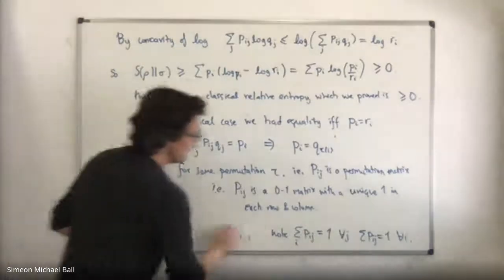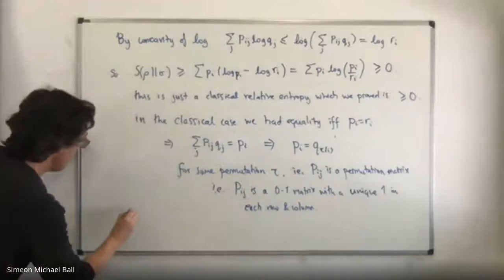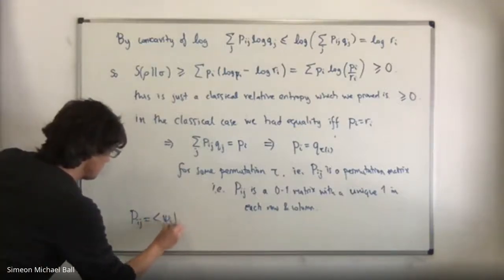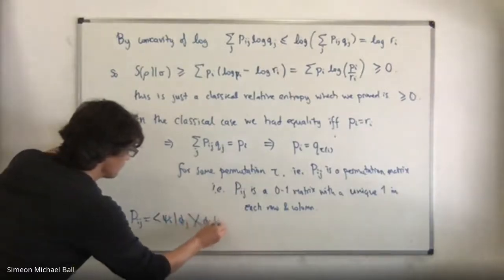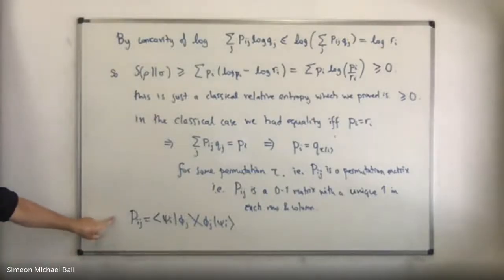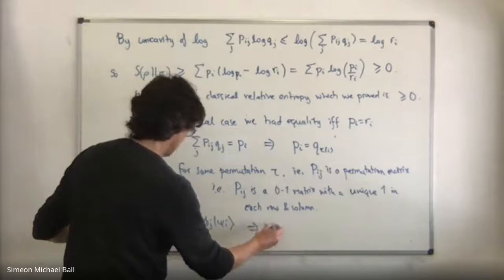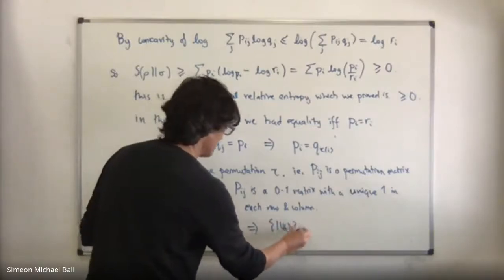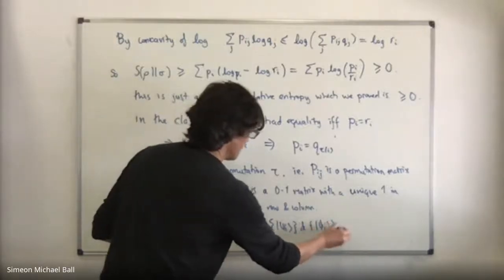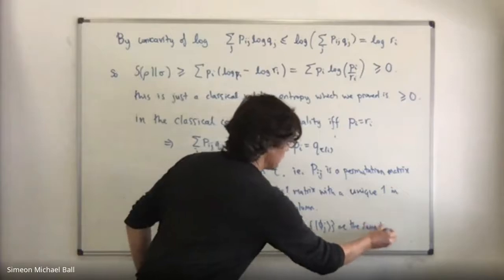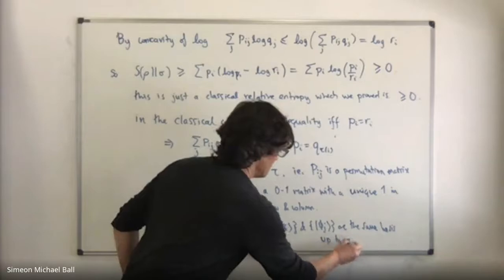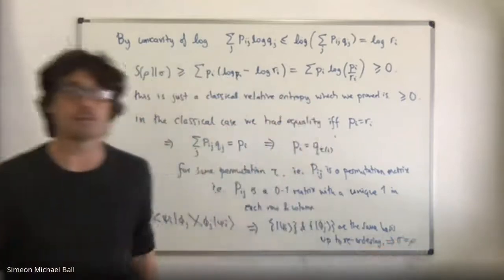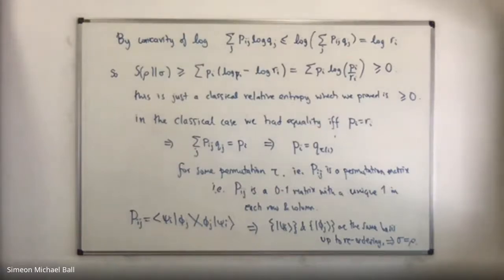Actually, to prove this there's one more step which I forgot to write down in my notes. So this implies that they are the same basis, up to a permutation, and we have finally shown that these two density operators, in the case of equality, are the same.